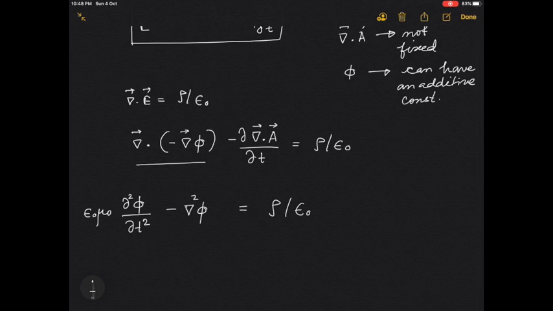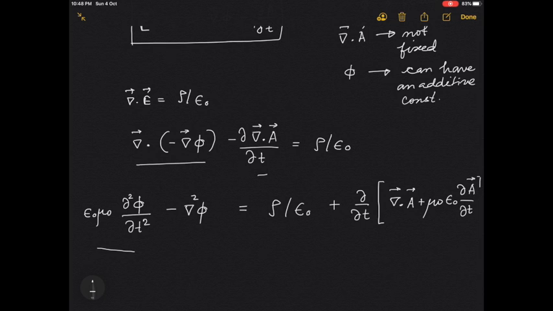Remember, rho is also a function of all three x and t, and then I have del T of divergence of A from this term and from this term mu 0 epsilon naught del A del T. Remember, divergence of A is not fixed. It's written over here.